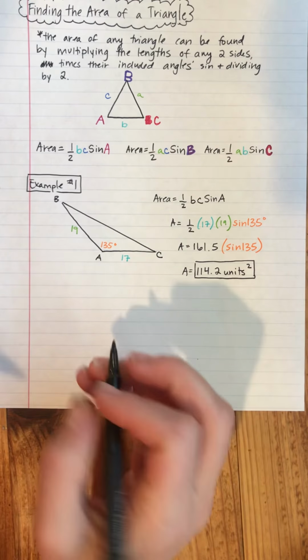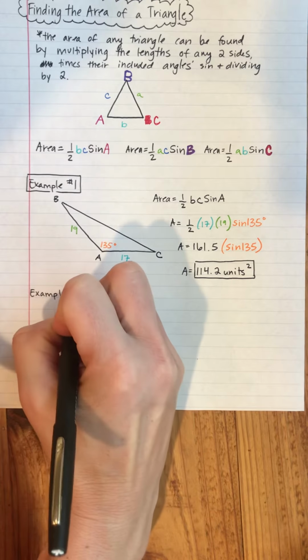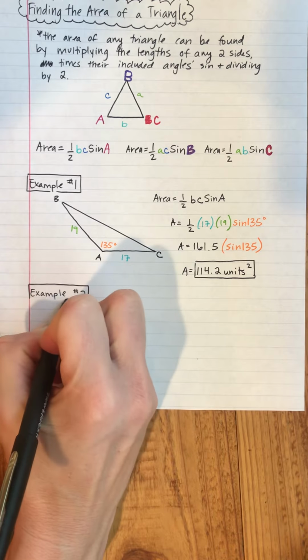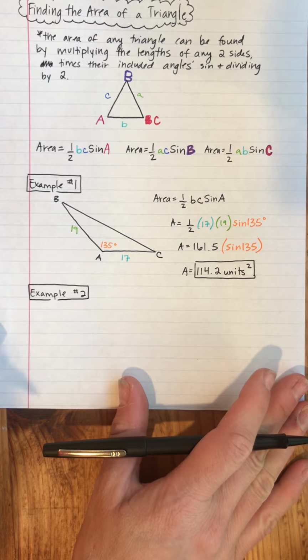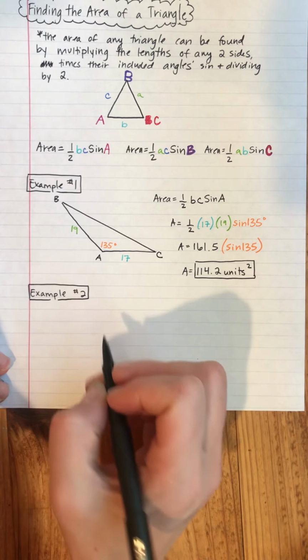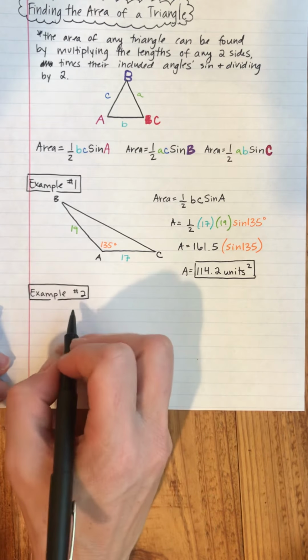I'm going to have example number 2. And I'm going to have triangle ABC, and my given angle is going to be 60 degrees.